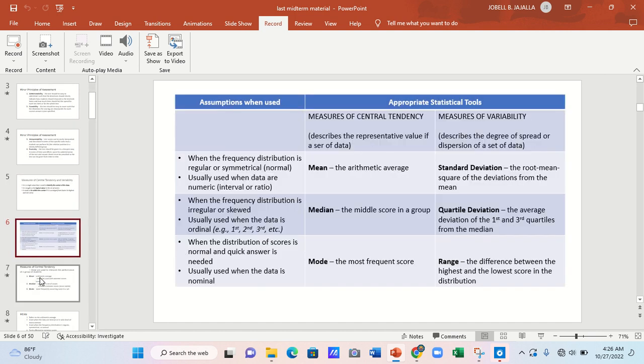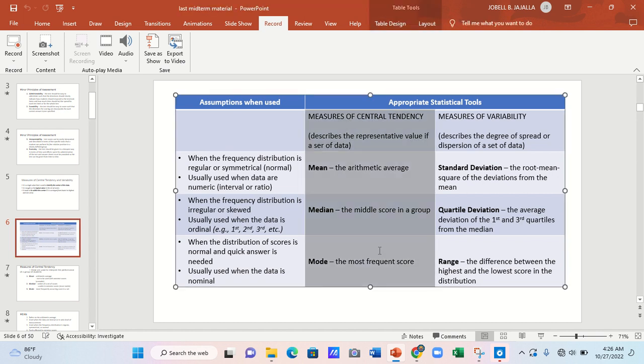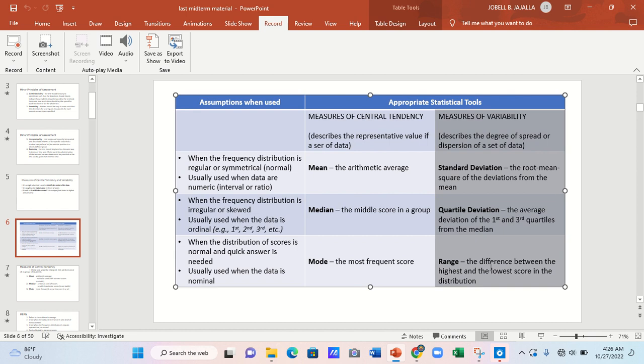Now, we have two kinds of measures in fact. The first one, as I mentioned earlier, is the measures of central tendency. And then we also have the measures of variability. Measures of central tendency only describe the representative value of a set of data.